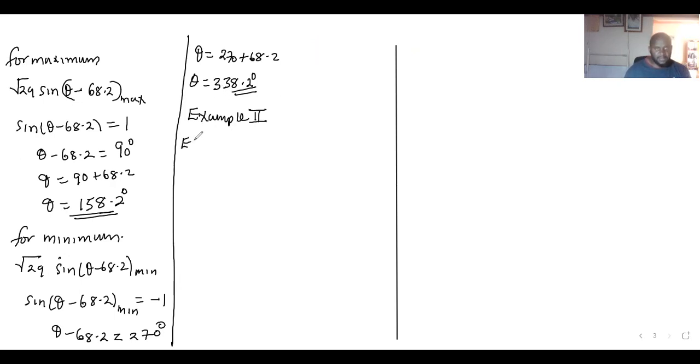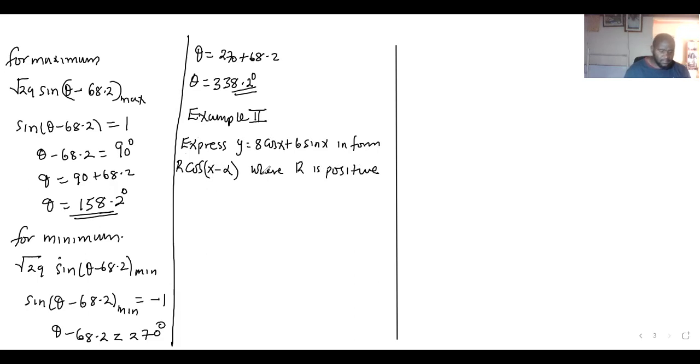Which says express y, which is equal to 8 cos x plus 6 sine of x, in the form of R cos (x minus alpha). Here they have commanded you are using cos, where R is positive and alpha is acute.